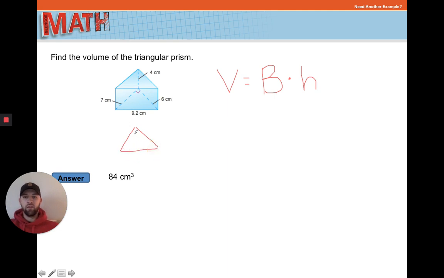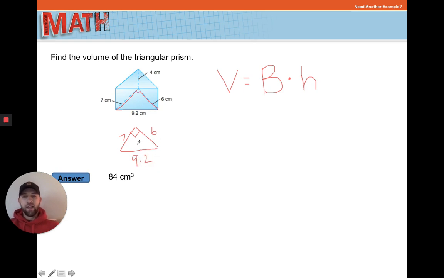Hopefully you can see that. This is coming from this right here. I'm just taking it, putting it over here, right? It's saying this side is 7, it's saying this side is 6, and it's saying my diagonal is 9 and 2/10.